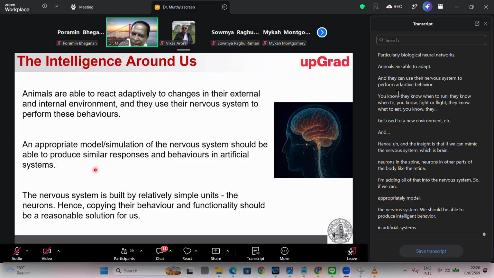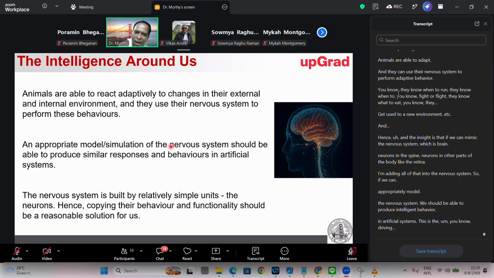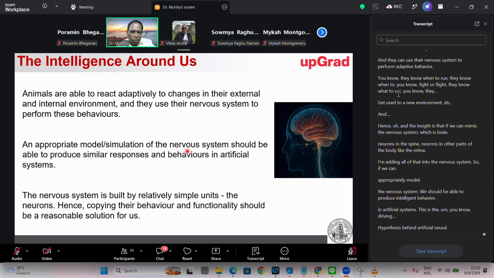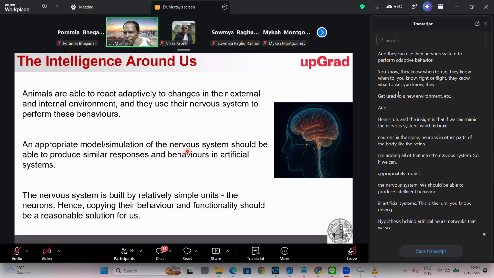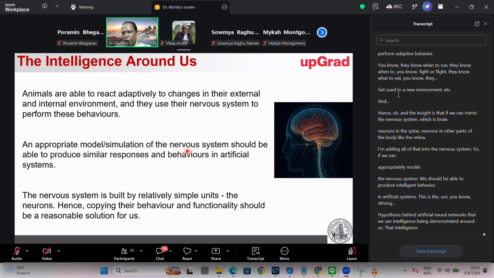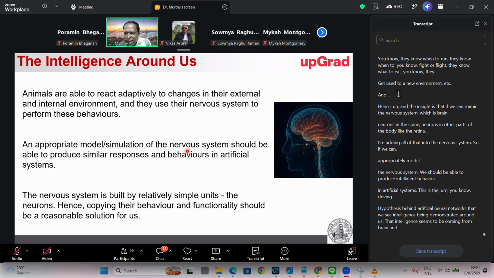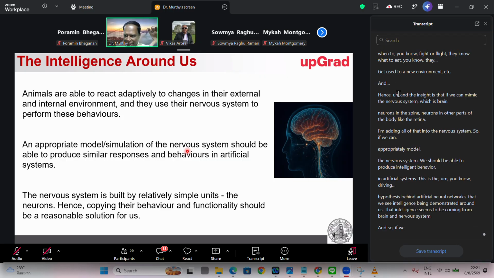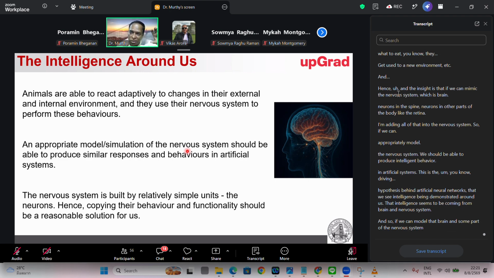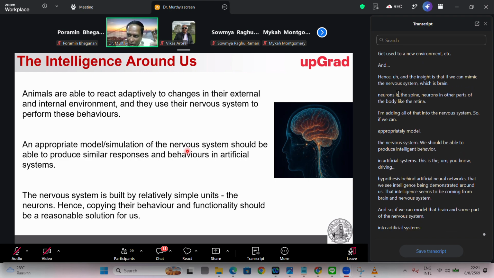This is the driving hypothesis behind artificial neural networks: we see intelligence being demonstrated around us. That intelligence seems to be coming from the brain and nervous system. So if we can model that brain and some part of the nervous system into artificial systems, then we can see intelligence there also.